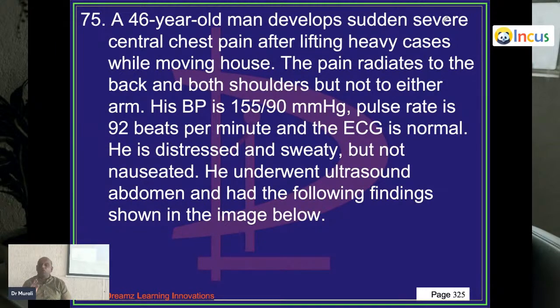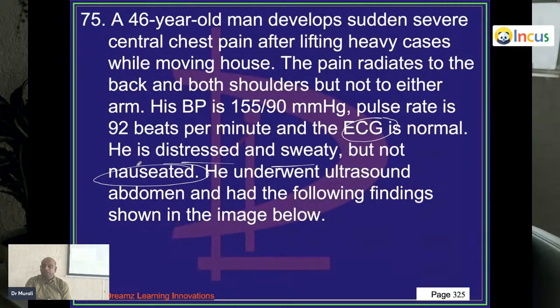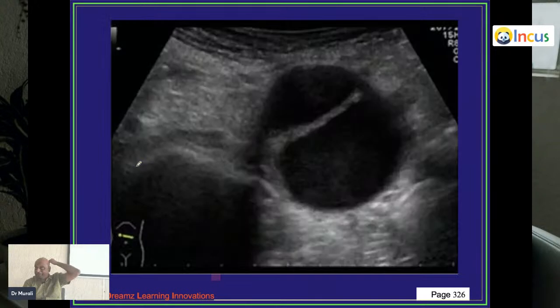A 46-year-old man develops sudden severe central chest pain after lifting heavy cases while moving house. The ECG is normal. He is distressed, sweaty, but not nauseated. And there is pain going to the interscapular area.